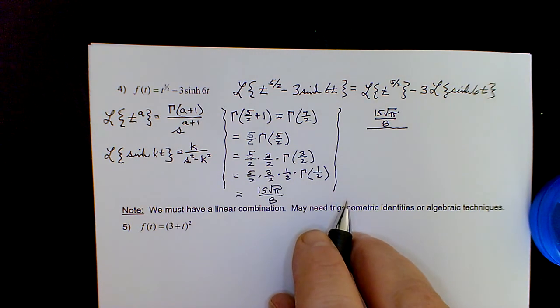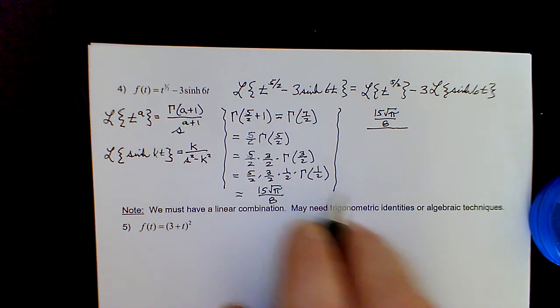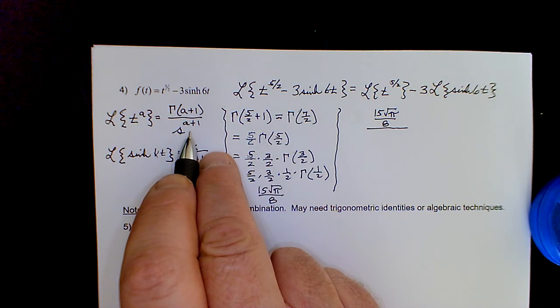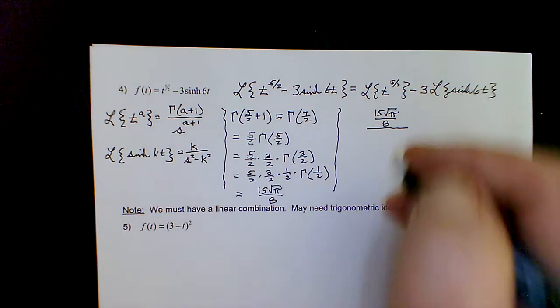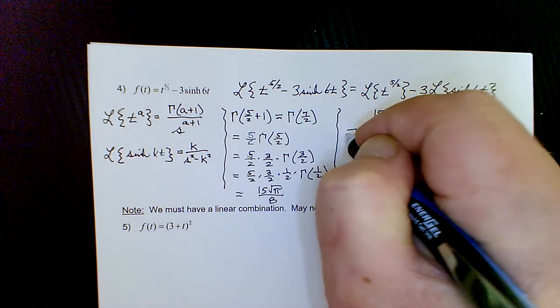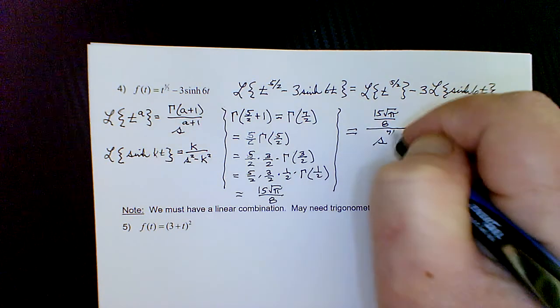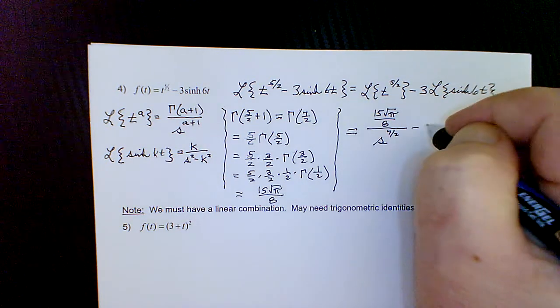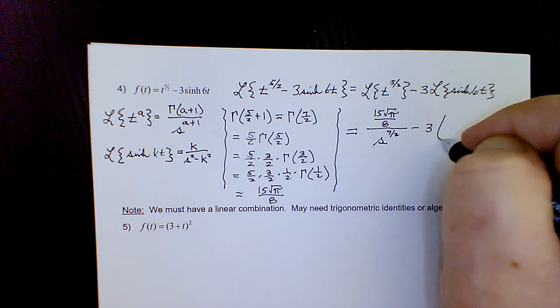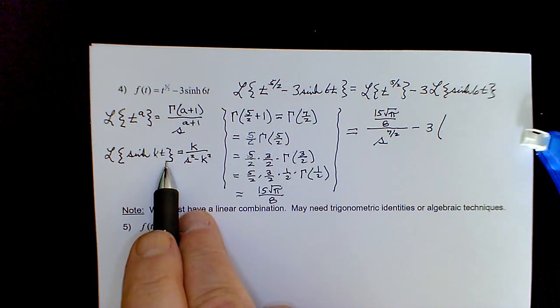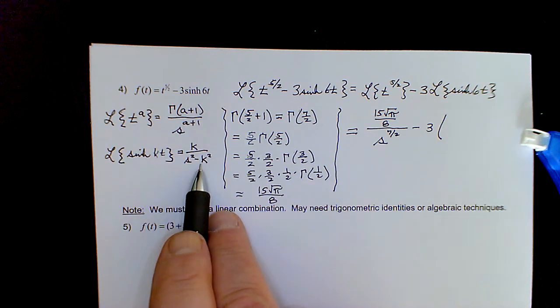let's see. Write a formula s to the a plus 1, and a is the 5 halves plus 1 would be 7 halves. So s to the 7 halves, and then we have this minus 3, and then our formula for the Laplace of the hyperbolic sine of kt is k over s squared minus k squared.